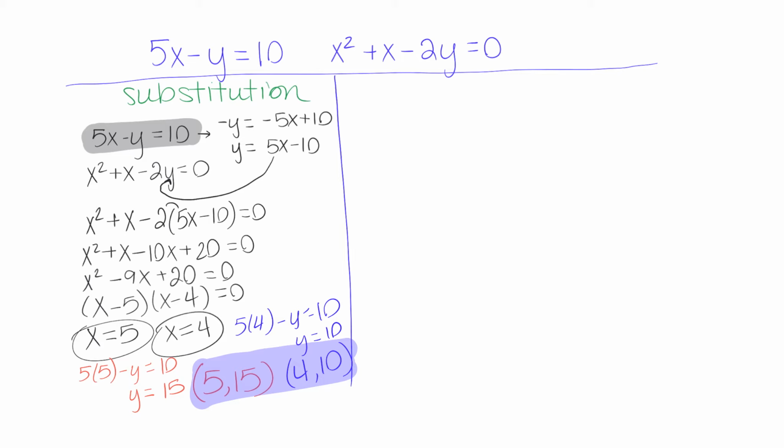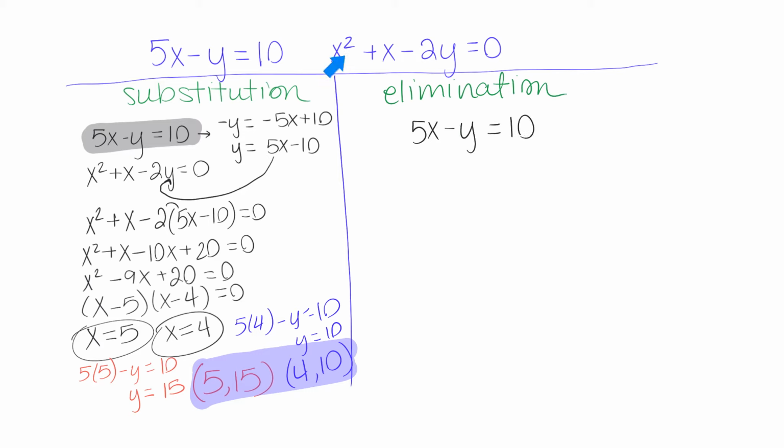Okay, now, if I want to do this with elimination, so we're going to do the same problem again with elimination just to prove to you that you can. Now remember, we said you have to stack this stuff. So if I stack this, I'm going to have 5x minus y equals 10.